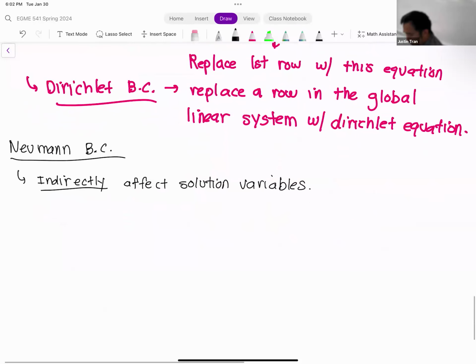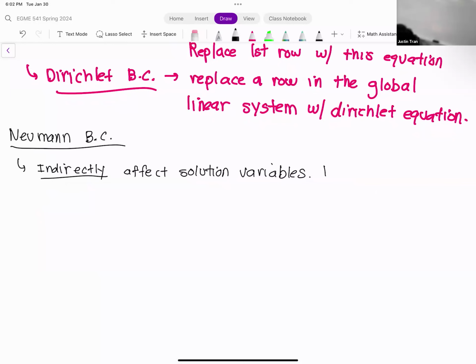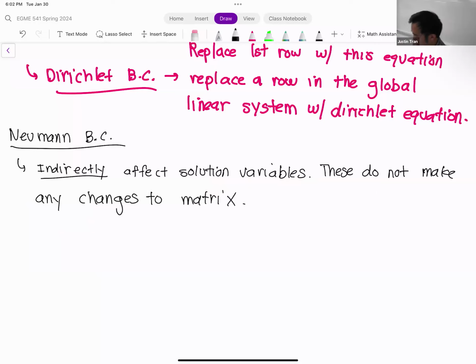For Neumann boundary conditions, for the most part, we're not going to make any changes to the matrix. Instead, a Neumann boundary condition is only going to affect the forcing vector on the other side.